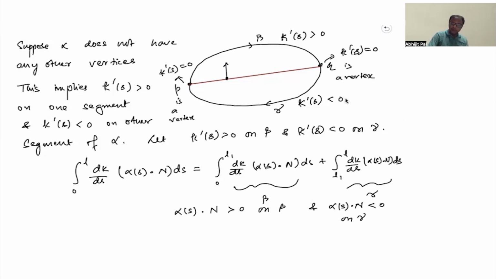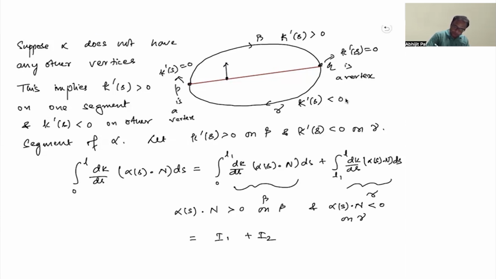Okay, so therefore, let us call the two integrals I1 plus I2.